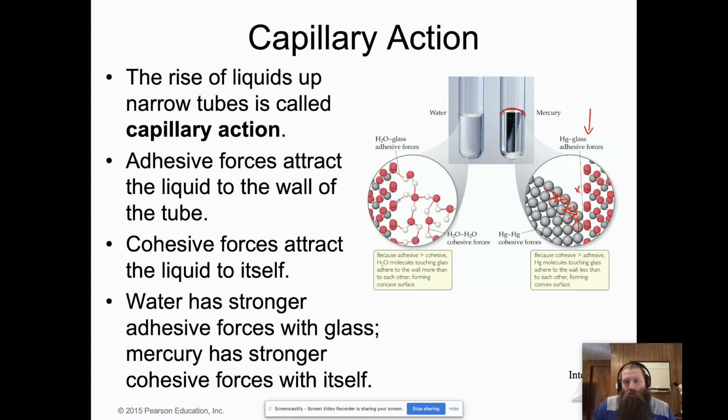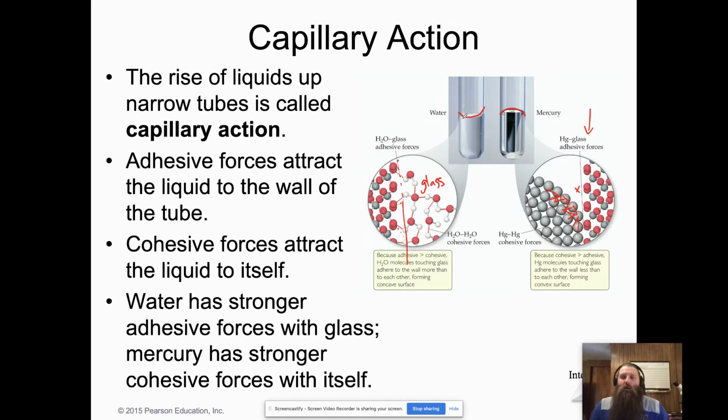But in water molecules, here again is our glass wall. So this is our glass on this side. And you can see all these little red dots, right, all these forms of attraction, and that gives us this shape meniscus.